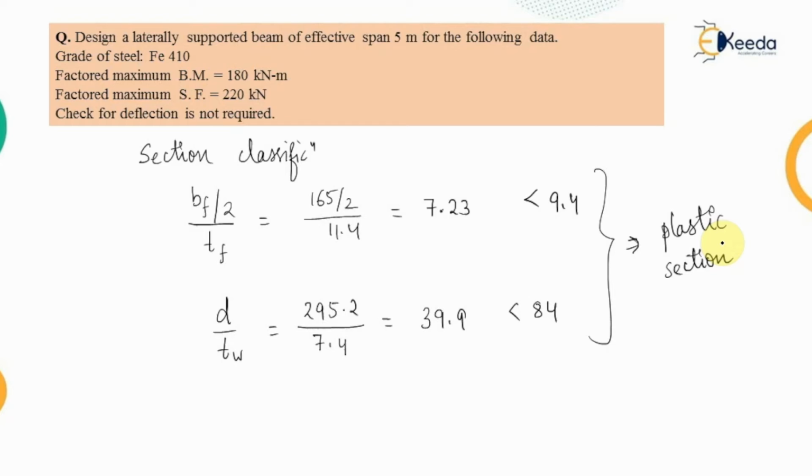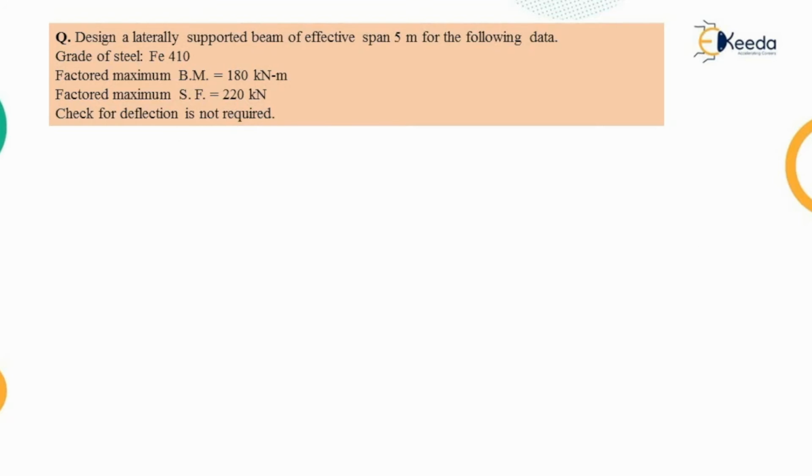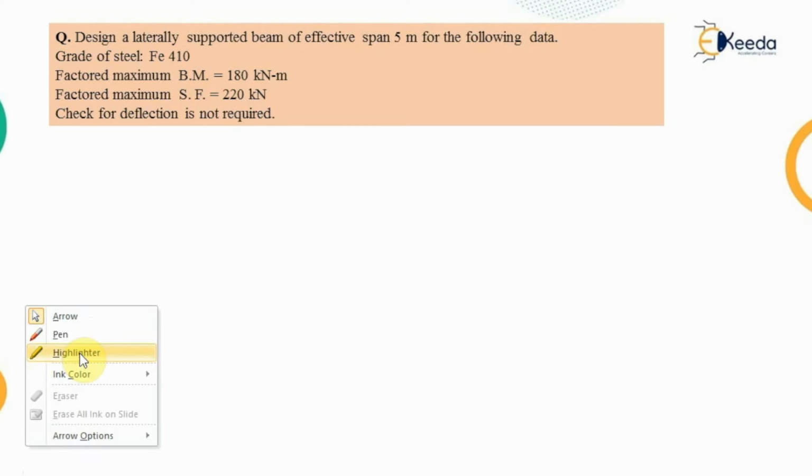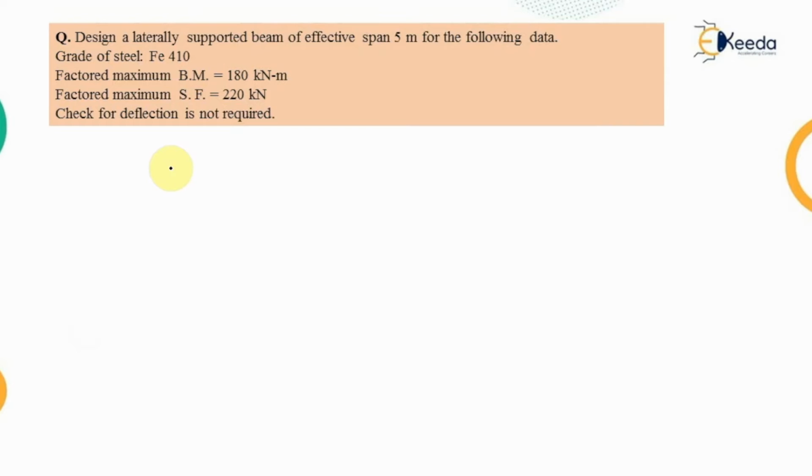For this section, we will be calculating the shear force, and then we will compare whether it is a high shear case or the low shear case. For calculating the nominal shear capacity or the design shear capacity, denoted by VD, it is given by Fy divided by root 3 into gamma m naught into the area resisting this. The area will be D into TW.